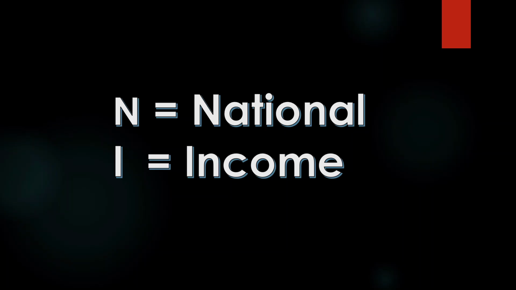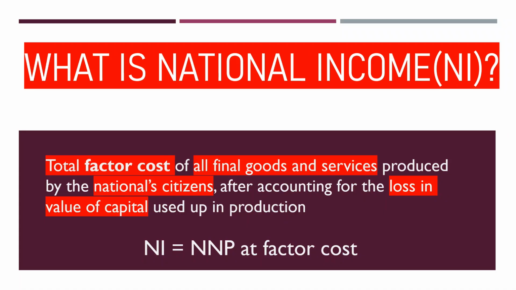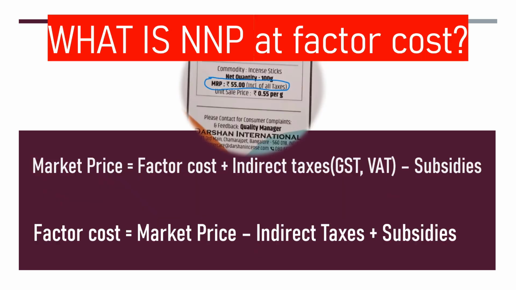Next is national income. It is very simple. National income is the NNP, net national product, at factor cost. Now, what is factor cost? As you have learned earlier, there is the market price. What is market price? It is the price that you pay when you buy something from the shopkeeper.